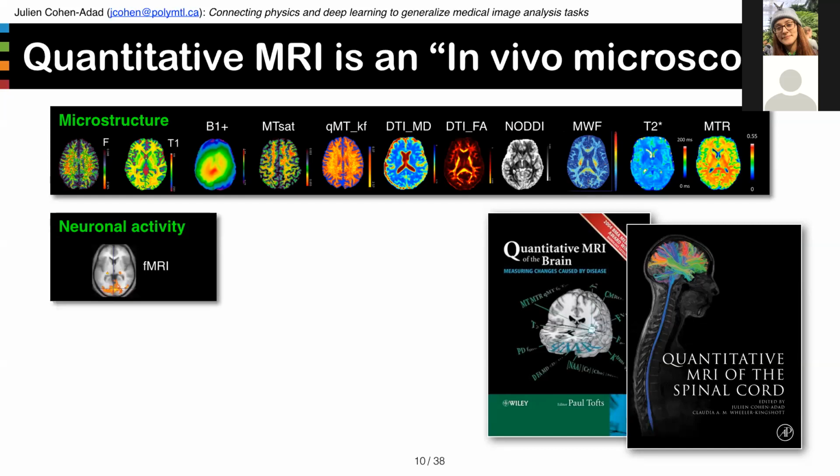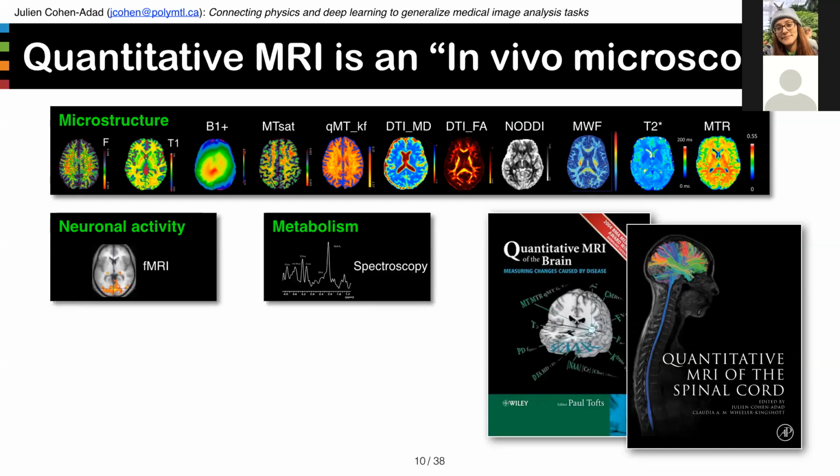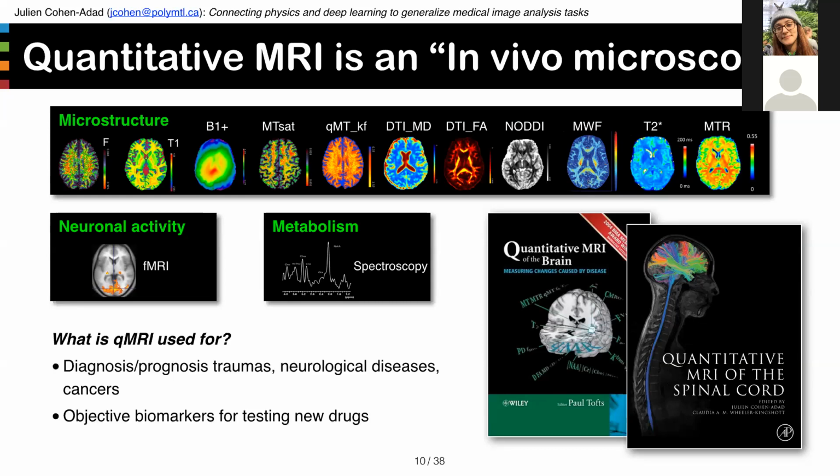You might have heard about functional MRI to measure neuronal activity, and metabolism can be quantified using MR spectroscopy. Ultimately, all those techniques are used for improving diagnosis and prognosis in different diseases, and also provide objective biomarkers for pharmaceutical companies and researchers to test new drugs.